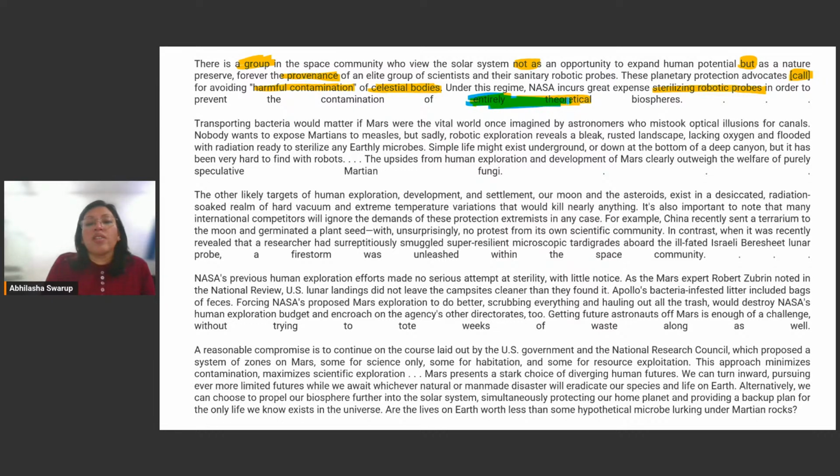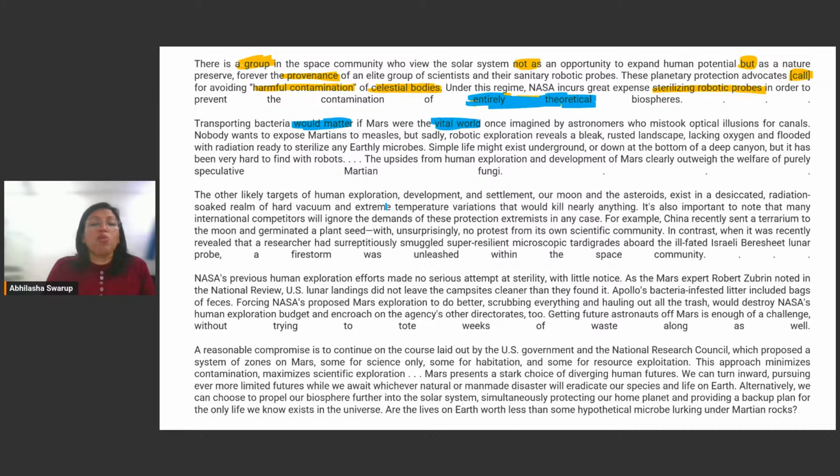Right? Let me mark this. Transporting bacteria would matter if Mars were a vital world once imagined by astronomers who mistook optical illusions for canals. So, if Mars were a vital world, if people were living there, then bacteria transportation would matter. That would be important.